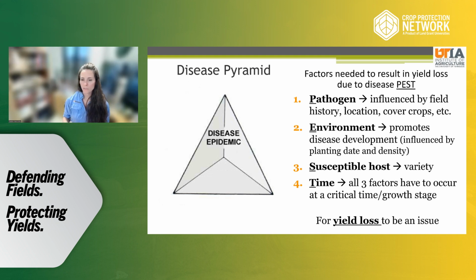An acceptable host; when possible, select a variety with disease resistance. And then lastly, time. Again, make sure you're noting what time of the season it is and what growth stage your field is at. When you're scouting, you need to take action if you are seeing these things, such as applying a fungicide to protect from some of them.